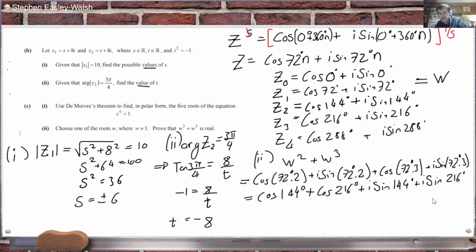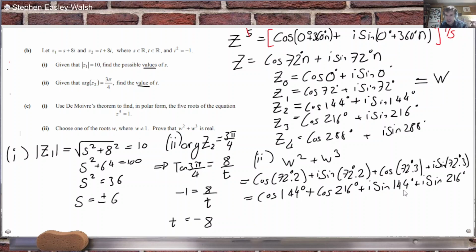Yes, they do cancel. I was in the wrong mode. So these two are the same, but just opposite in sign.